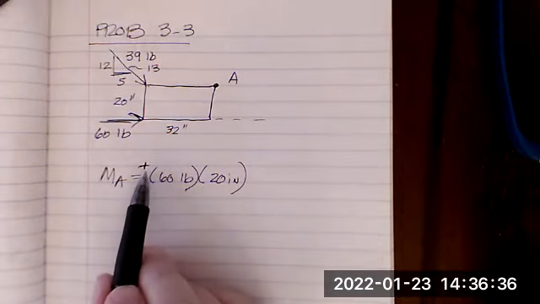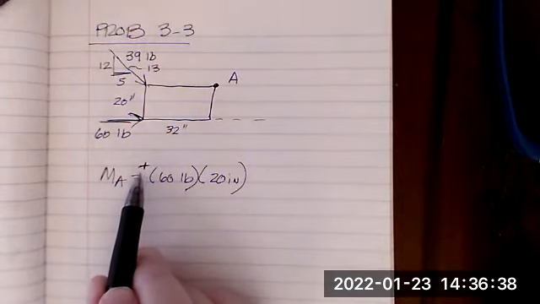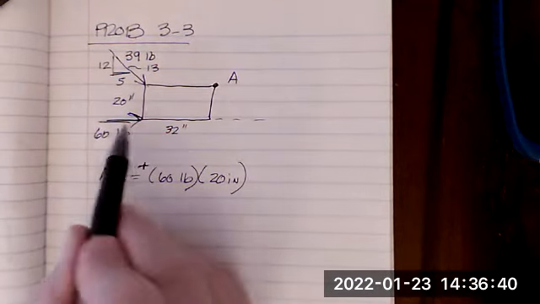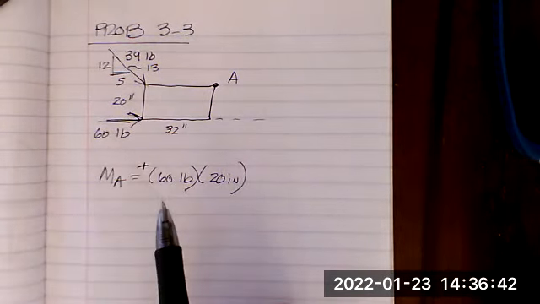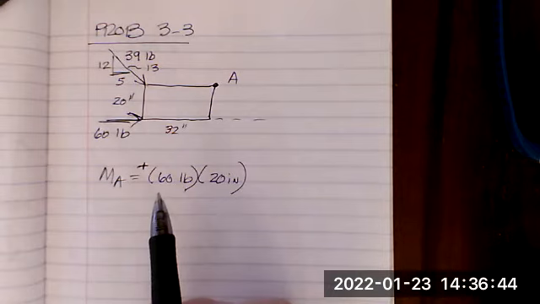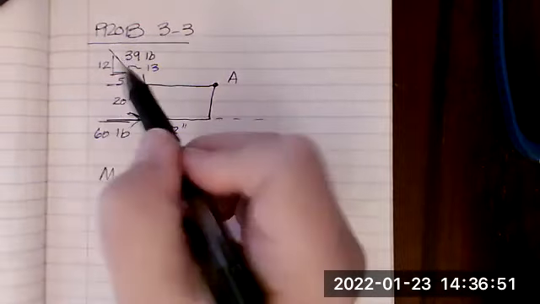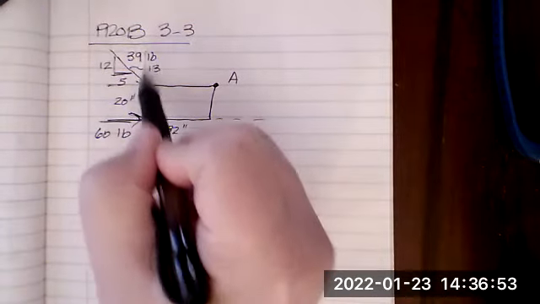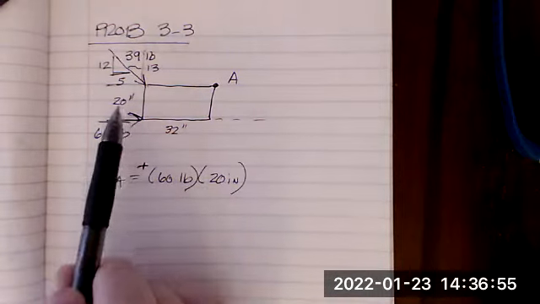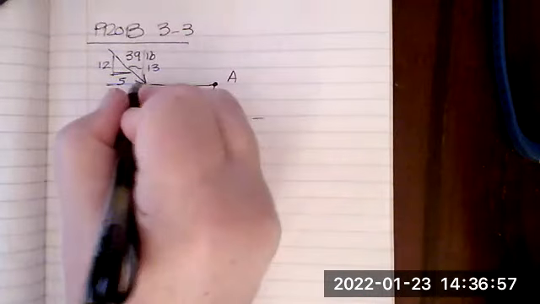I'm not going to always do this, but for right now I'm showing you because it means this is causing a positive moment. It's moving counterclockwise. Now we have to find the horizontal and vertical components here. However, we don't have to worry about the horizontal component.